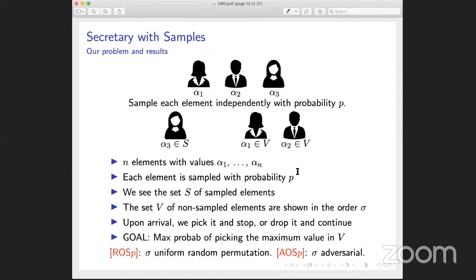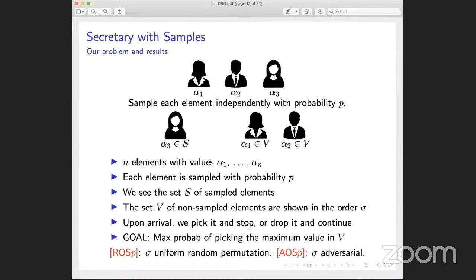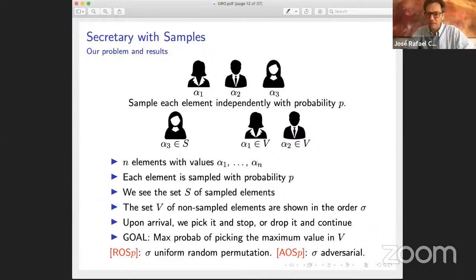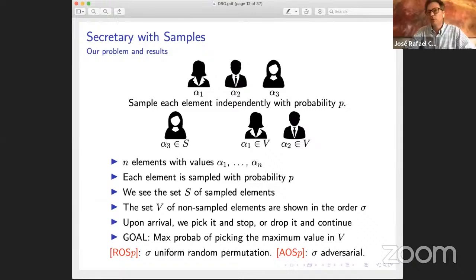So if they're truly arbitrary, how do the sampled elements give information about the non-sampled elements? Yeah, that's the cool fact. I agree, that's the interesting part of the story. And how is the order they are presented again? The order could be random or adversarial. I will start by looking at the random order case.